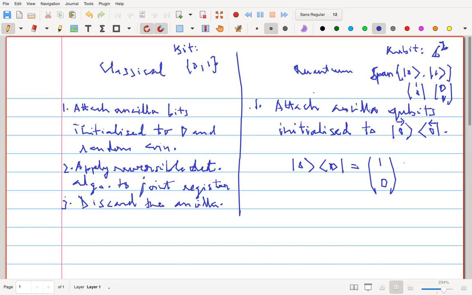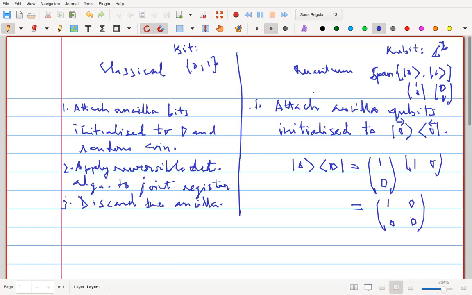In terms of the standard basis, it's 1, 0. Then its conjugate transpose will be this. Multiplying a column vector by a row vector gives a 2 by 2 matrix, which has a 1 in the diagonal and zeros everywhere else.